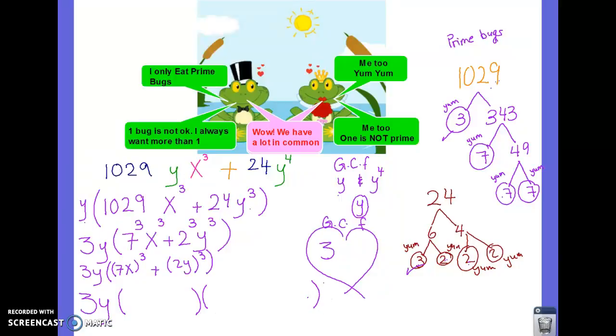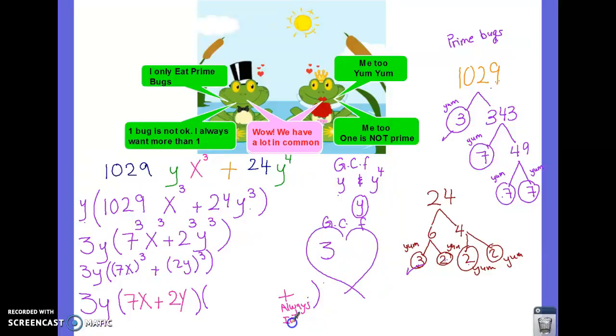So, the rule says a cubed plus b cubed: you copy the bases and ignore the powers. Always put the plus. Always plus, no matter what.